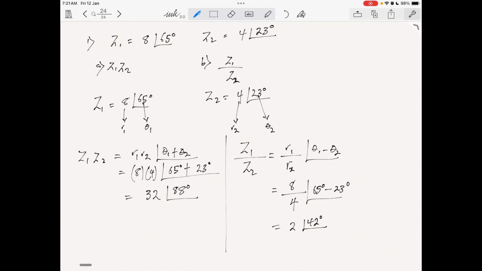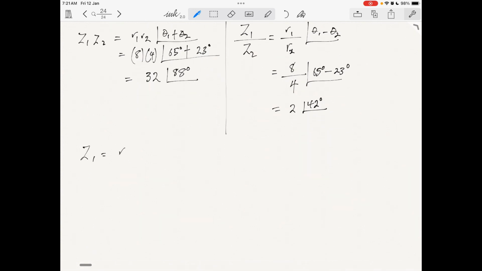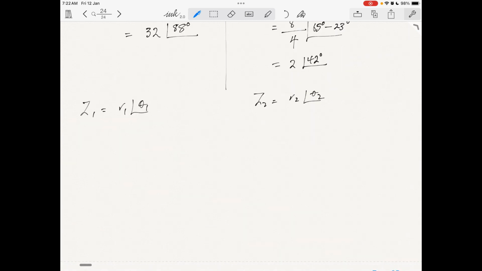Now, let's take another illustration. We recall that z1 is equal to r1 argument theta 1 and z2 is equal to r2 argument theta 2. We can also write z1 as r1 into cos theta 1 plus i sine theta 1, and z2 as r2 into cos theta 2 plus i sine theta 2.